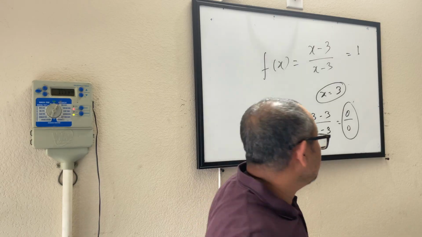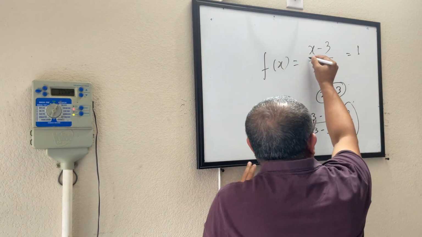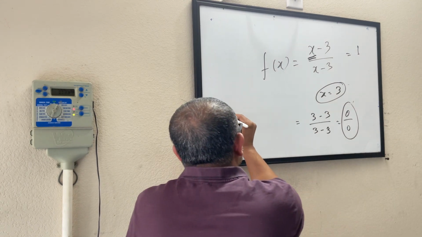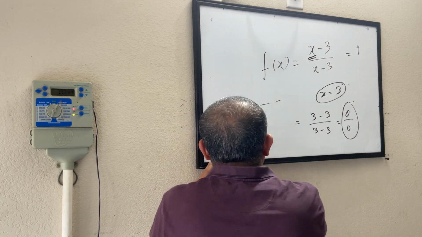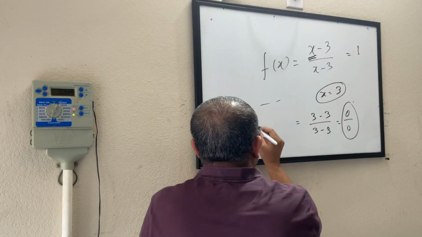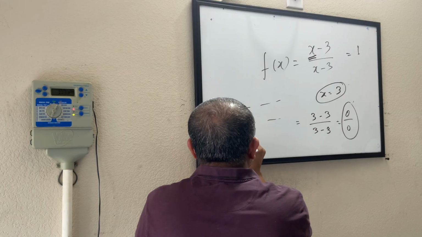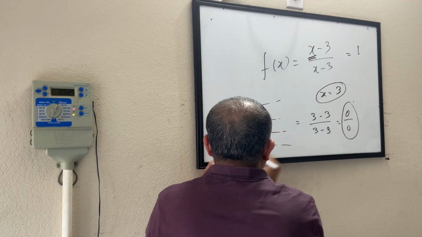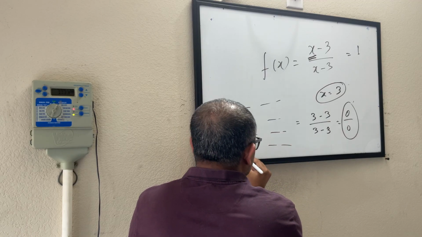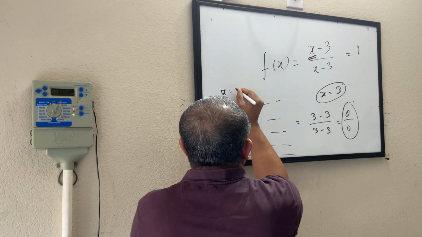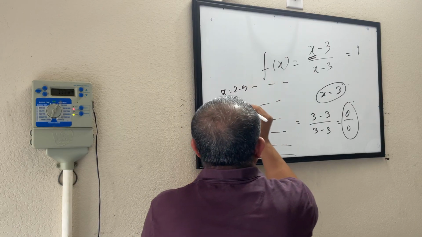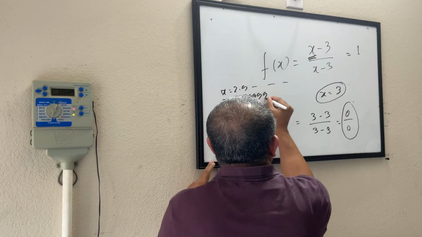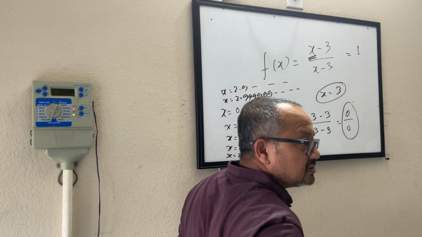Now, what does it mean? Everything was going fine, life was okay. You started from x equal to 0, no worries. You went to x equal to 1 for this function, no worries. x equal to 2, no worries. x equal to 2.5, no worries. x equal to 2.8, no issues. x equal to 2.9, nothing to worry. x equal to 2.999999, no issues.